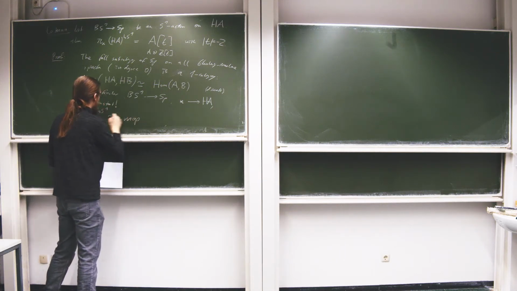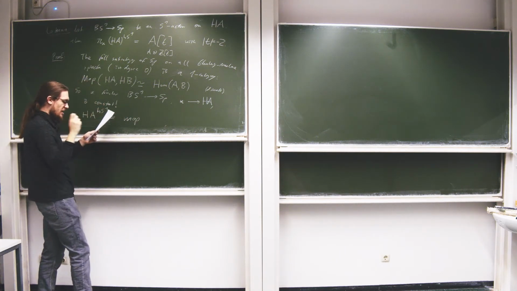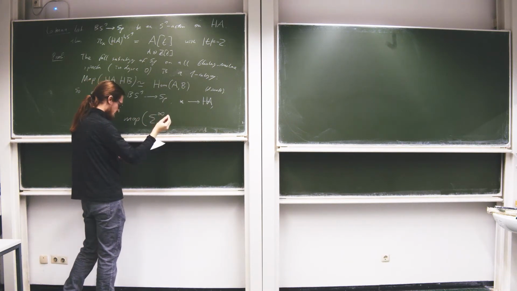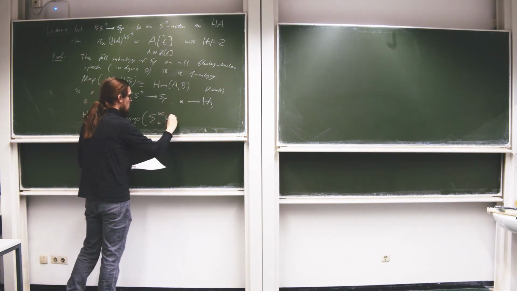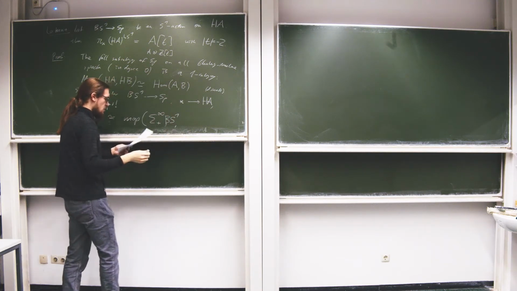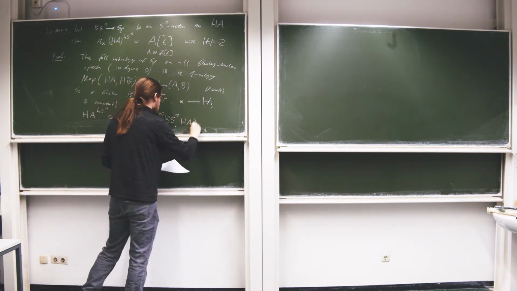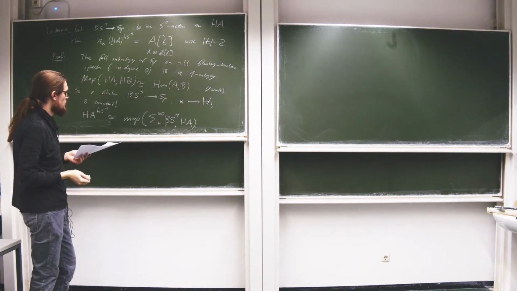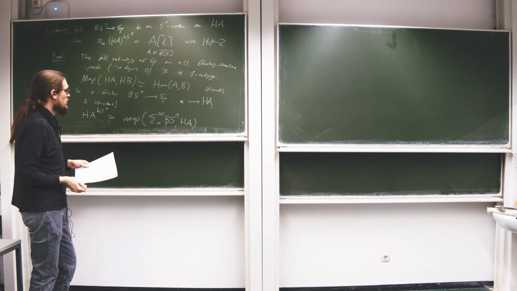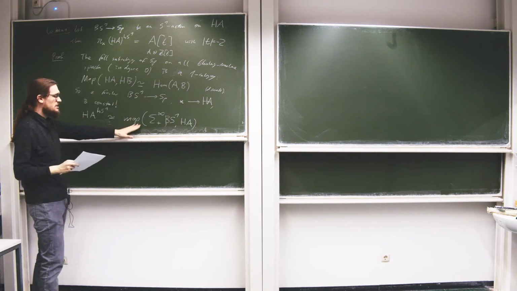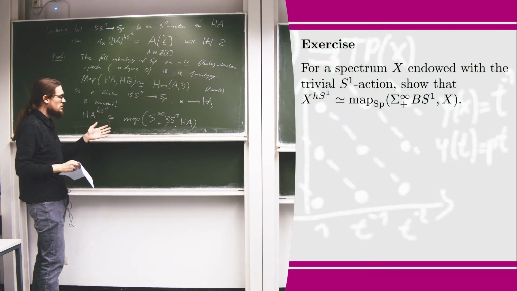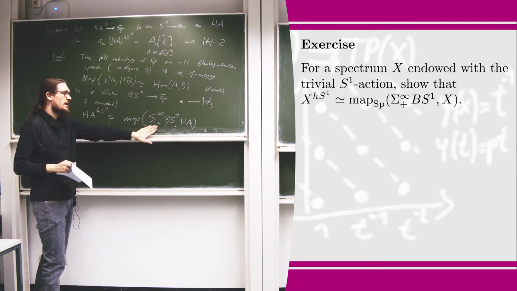You can describe the homotopy fixed points here as a mapping spectrum from sigma infinity plus BS1 to HA. And I want to pose this as an exercise. I'll give you a hint. You can also write this side very canonically as a limit.